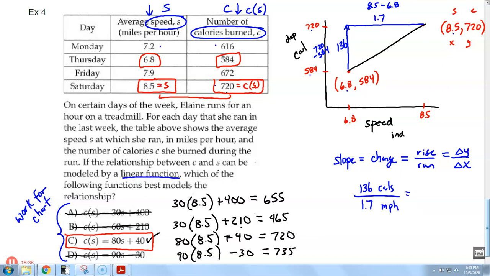And if we divide those out, 136 divided by 1.7, we will have a slope of 80 calories burned for every 1 mile per hour. And look right here, our slope was 80.